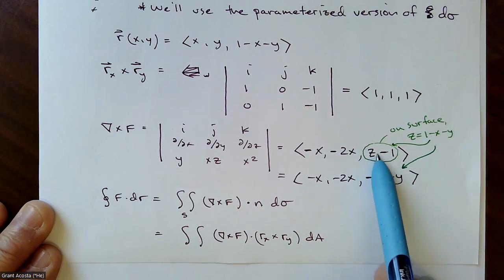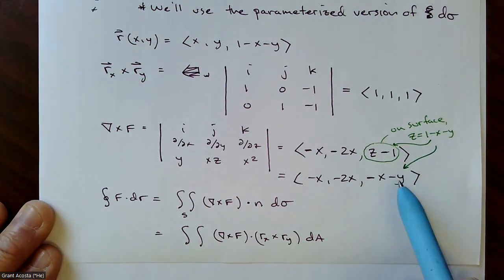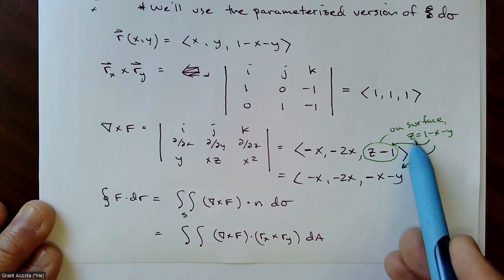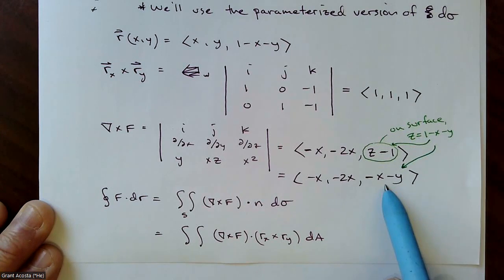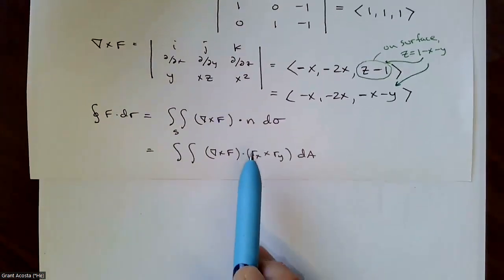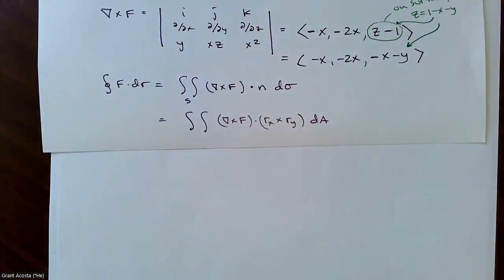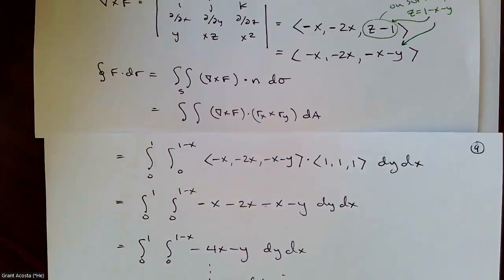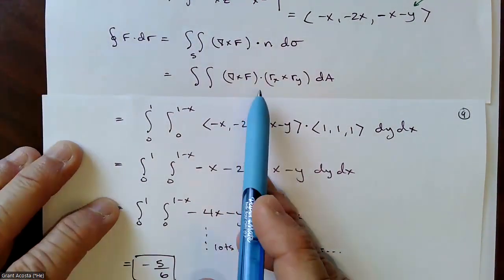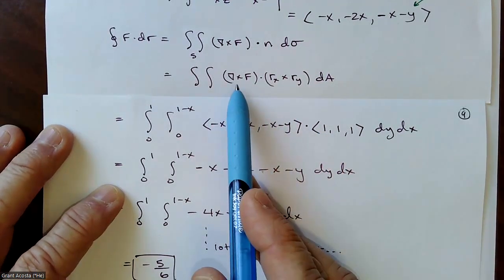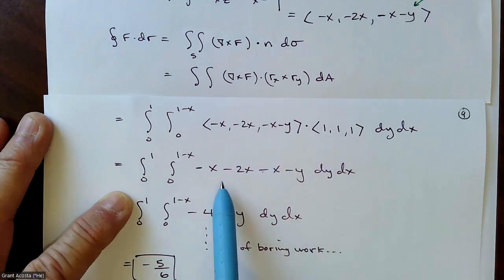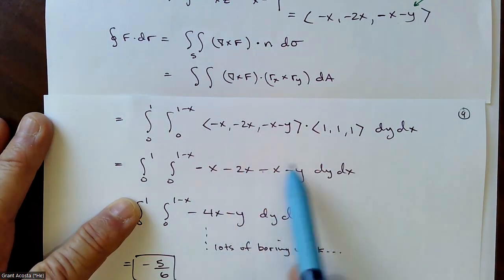So that means I could replace z with, well, how about this? If I go z minus 1, then that's just like subtracting the 1 over here. That would be equal to negative x minus y. And so then I'm going to do my double integral. Curl dotted with r sub x cross r sub y gives me this to integrate over the area.